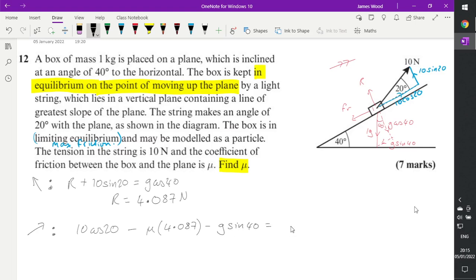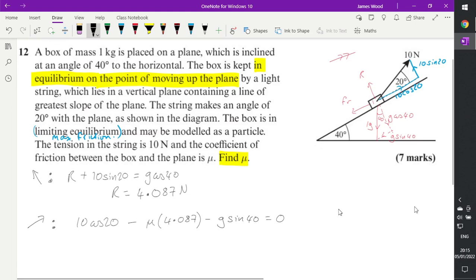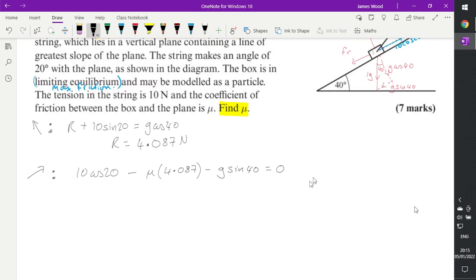And that equals ma. Well, it's just going to be 1 times 0, because it's in equilibrium still. And now I can solve this equation to find out what mu is. And when you solve this, you get mu equals about 0.76, or 0.757. Oh no, 0.758 actually. There we go.